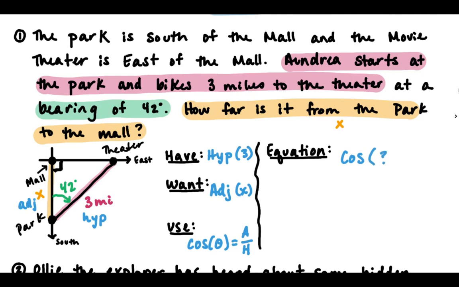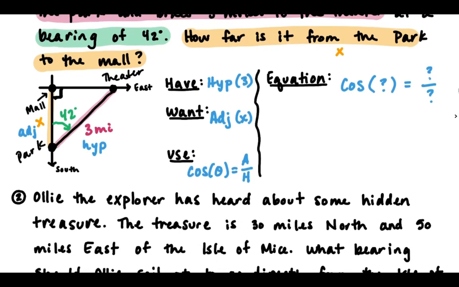Something goes in the cosine, and then we've got a fraction on the other side. So use this setup to fill in these numbers, and then solve for x. If you need a refresher on how to solve for x, you can check out lesson 6.2. There's lots of examples in there. Okay, so that's it for number 1. Let's go look at number 2.